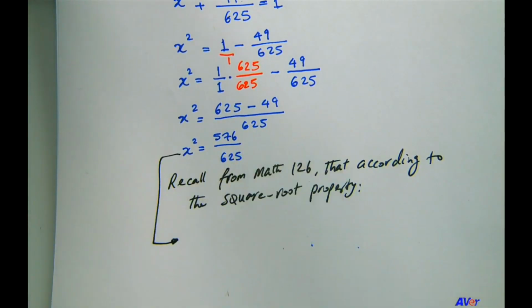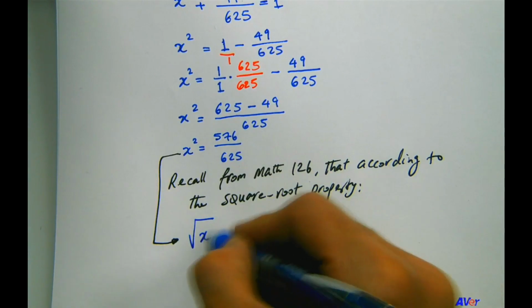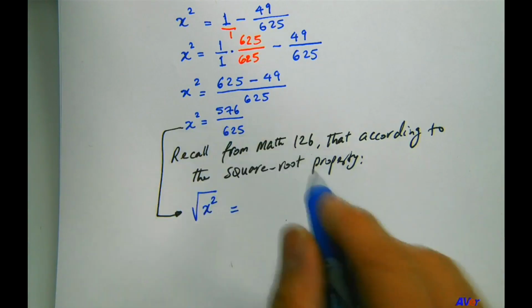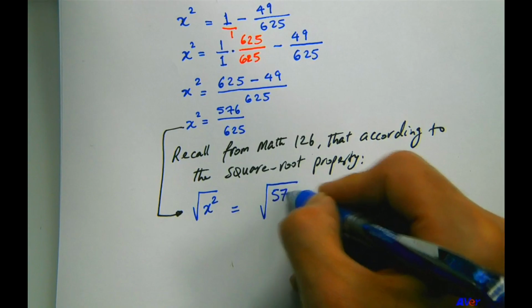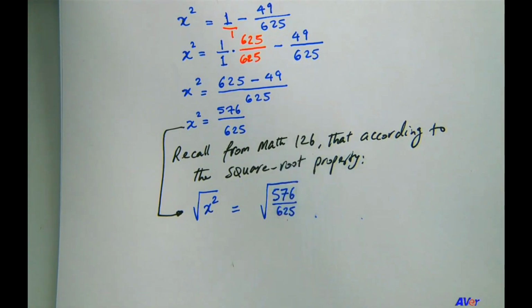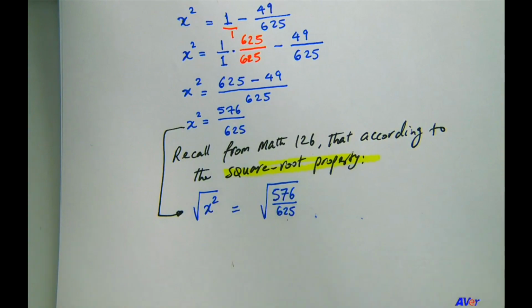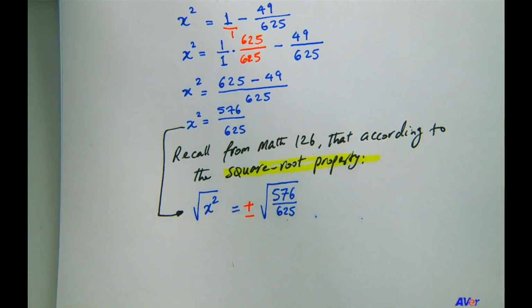We take the square root of both sides. If we have the square root of x squared in order to solve for x, we take the square root of the other side, 576 over 625. According to the square root property, we're going to need to have plus or minus here.